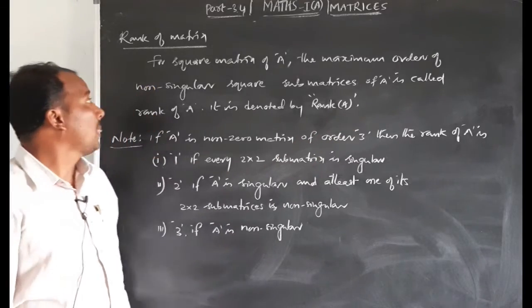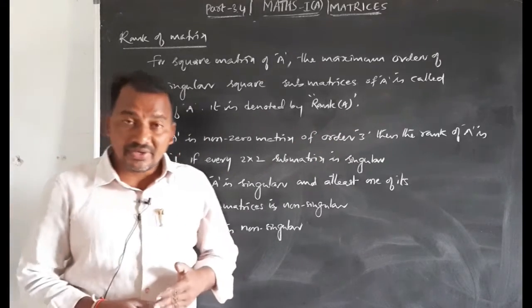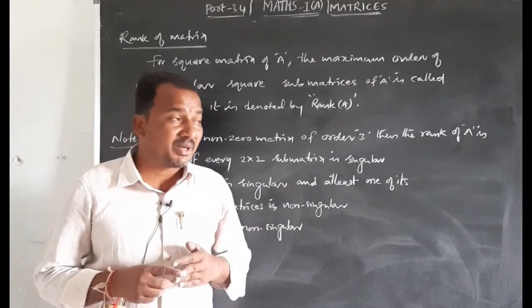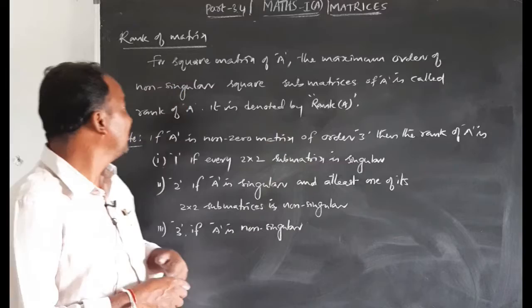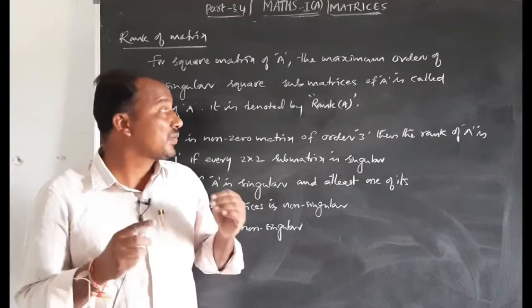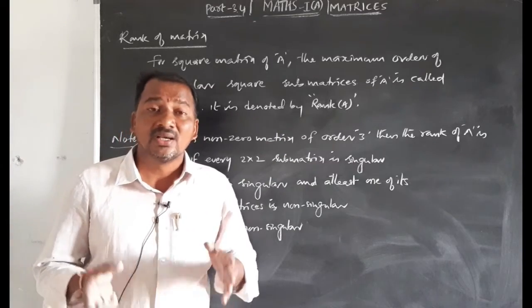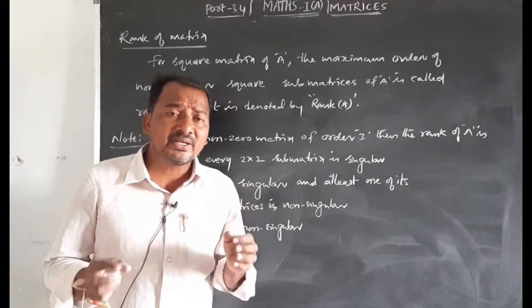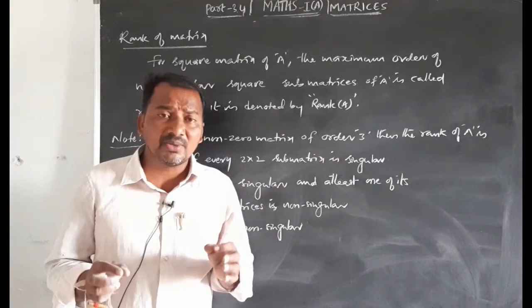Once again, for the square matrix A, the maximum order of non-singular square submatrices. Non-singular means the determinant is not equal to 0.